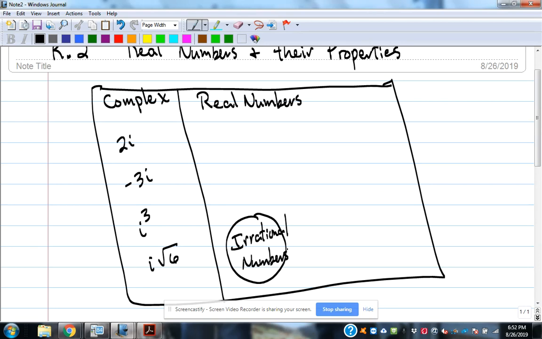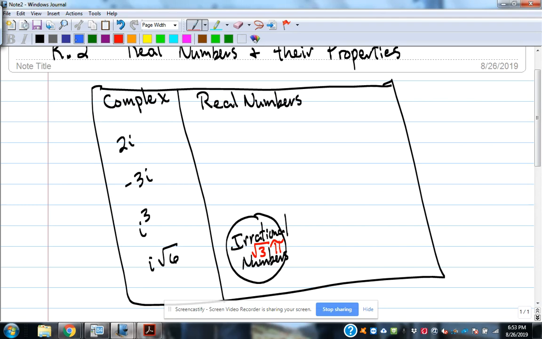Examples would be the square root of 3, pi, square root of 7, square root of 22. Things that don't work out real nice. The decimals don't repeat and they don't terminate. They don't stop. The only bucket it sits inside of is the real numbers, so it's sitting over here on that side of the pool.